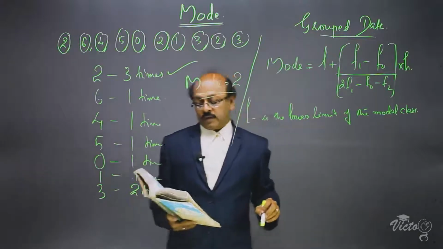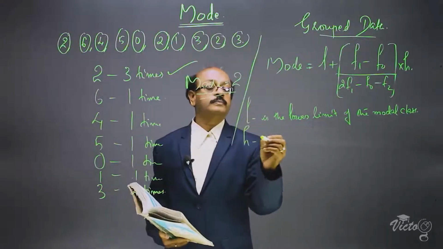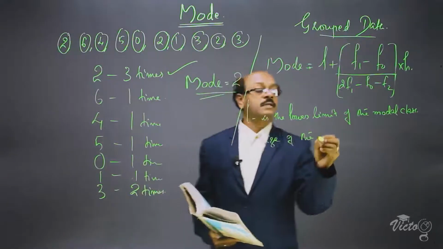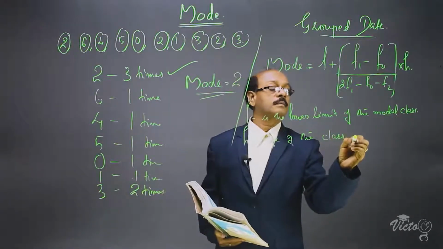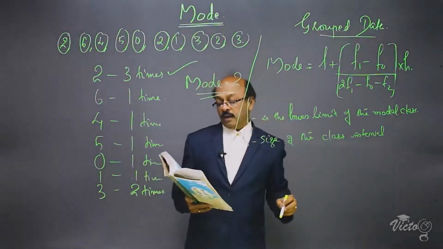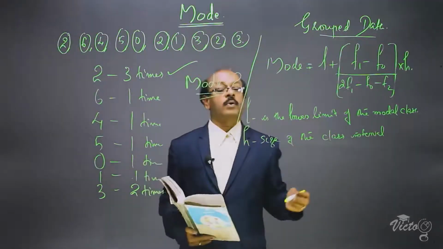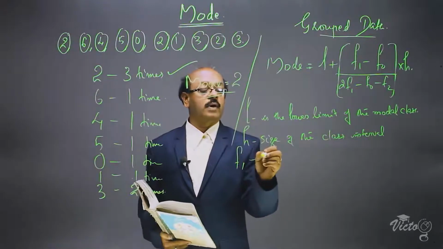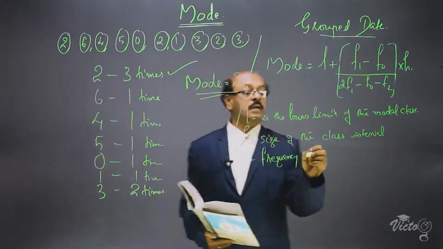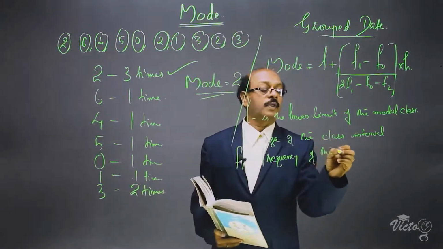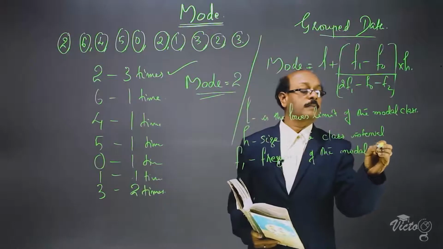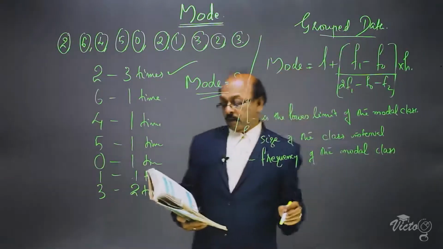H is the size of the class interval. F1 is the frequency of the modal class.